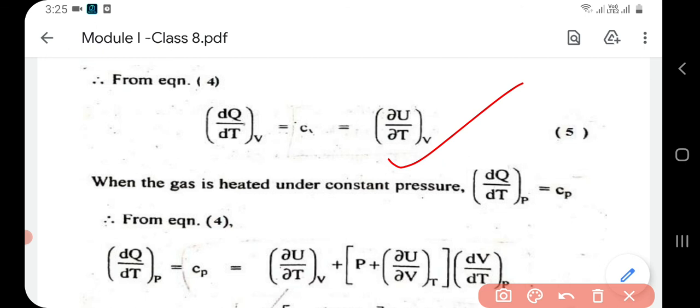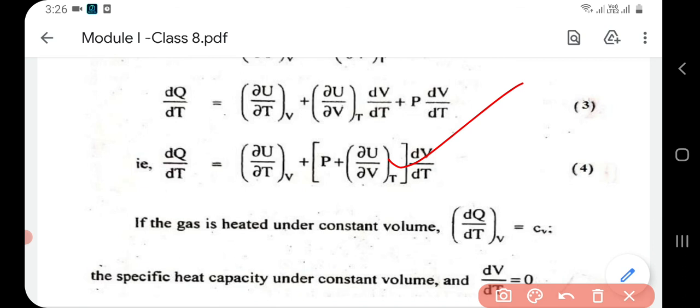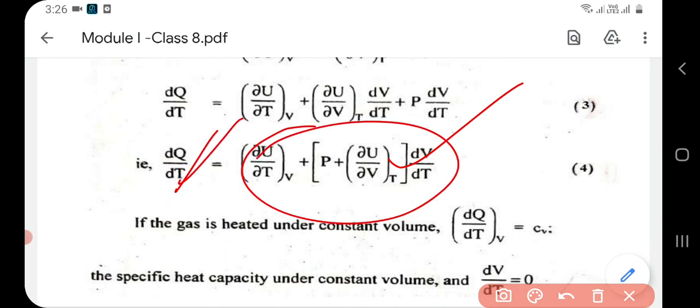Now when the gas is heated under constant pressure, in such cases, what will be dq by dT at constant P? It will be Cp. So from equation 4, you can write here, in place of this one, Cp, and this will be kept as such if it is at constant pressure.